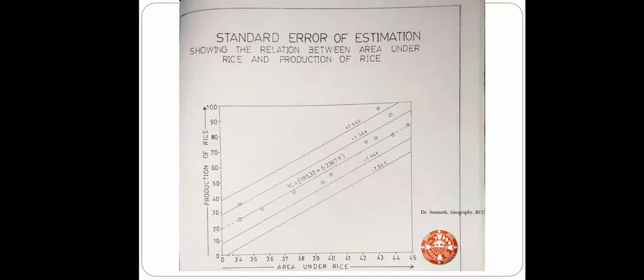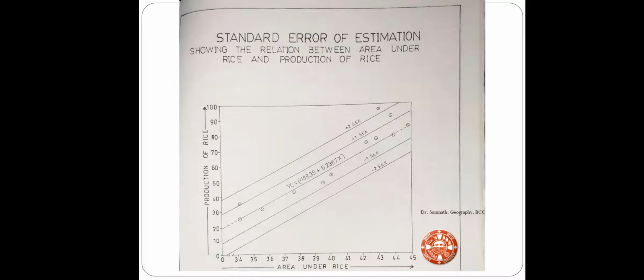Then we just have to draw the first positive and negative SE lines parallel to the regression line. Similarly, the second SE lines, both positive and negative, will be drawn from the first positive and negative SE lines by the same distance, that is 0.822, and then the lines drawn parallel accordingly.